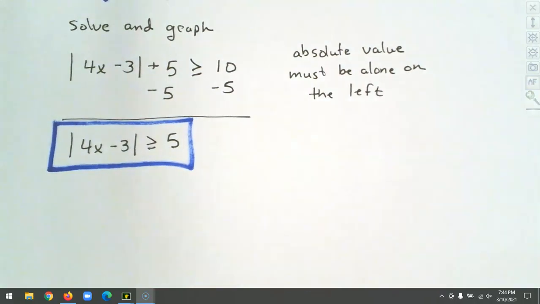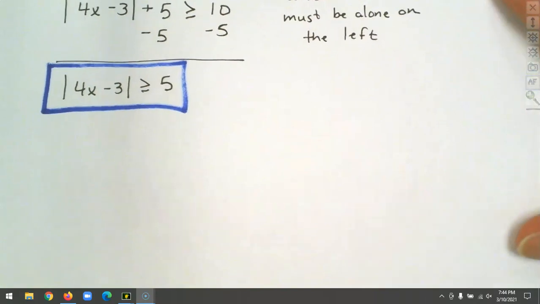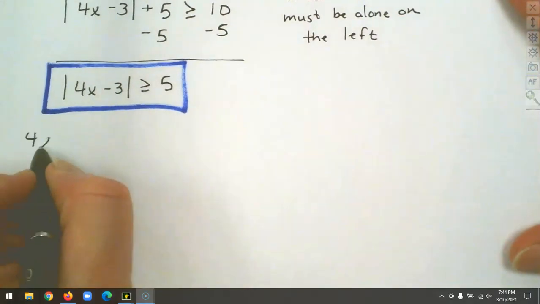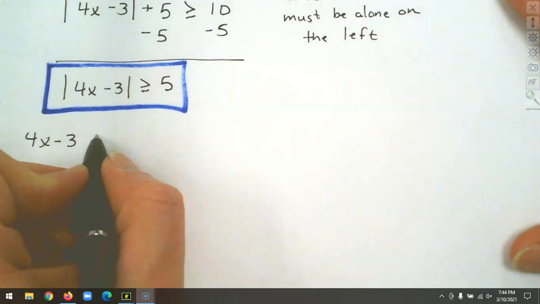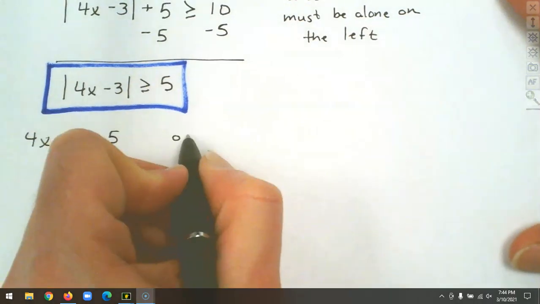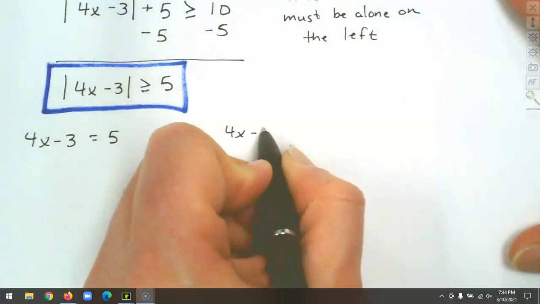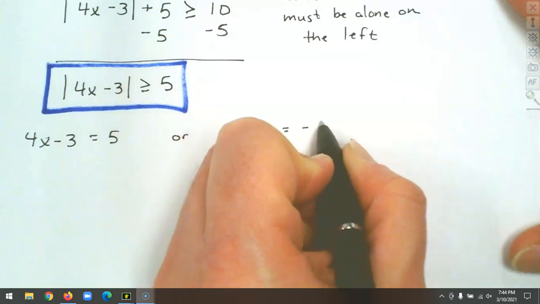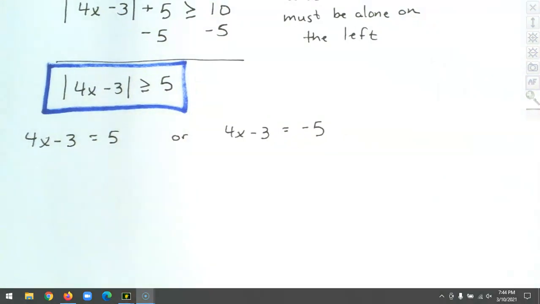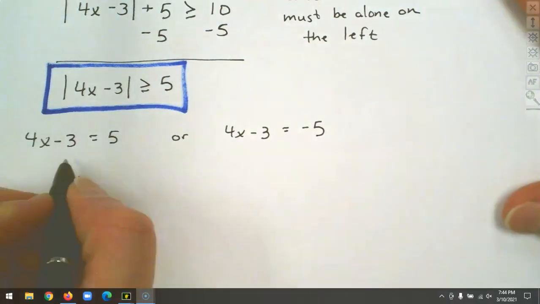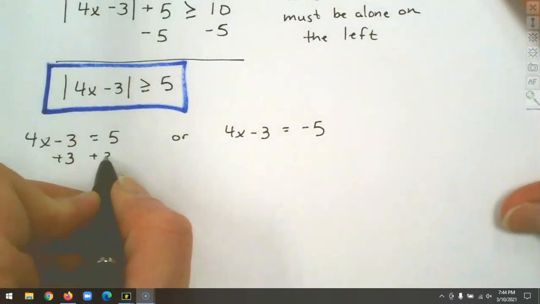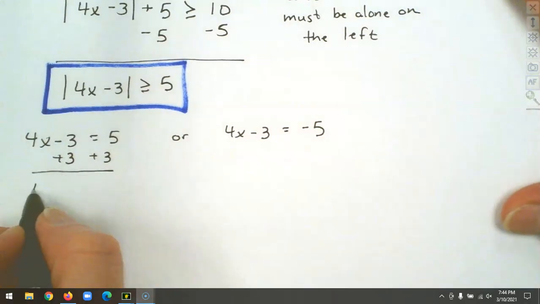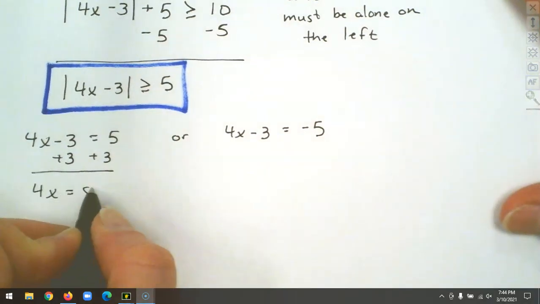Now we get our 2 equations just like we did before. So our 2 equations would be 4x minus 3 equals 5, or 4x minus 3 equals negative 5. So we'll get our 2 equations and we'll solve them. Just add your 3 over, and that gives you 4x equals 8.